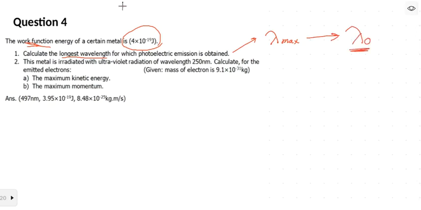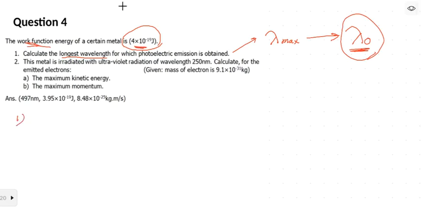It's very important, because when we explained in the previous part, I was concentrating on this point. Every time they ask me to find the maximum wavelength required to have photoelectric emission, that means he's looking for the threshold wavelength. And at the same time, we have the work function, so it's very easy to get it.